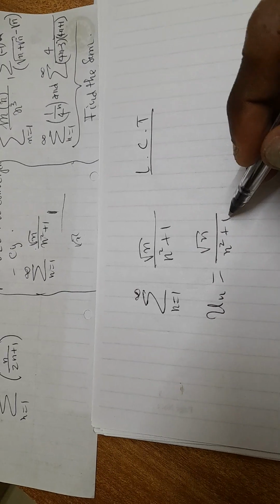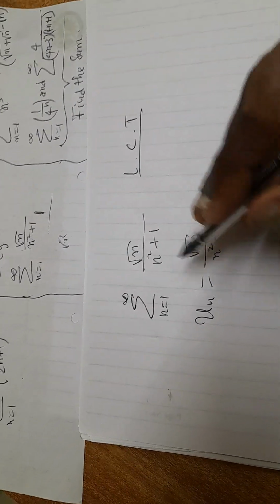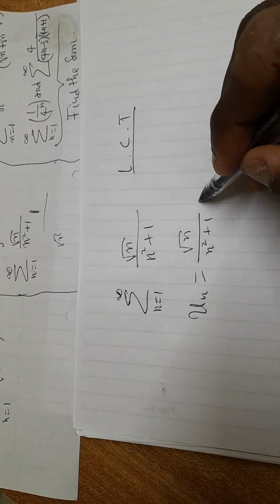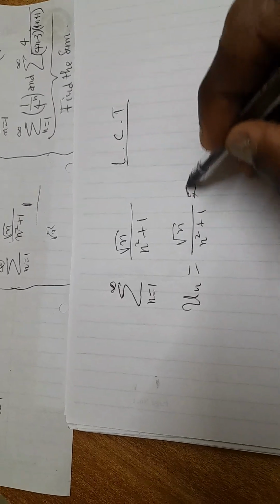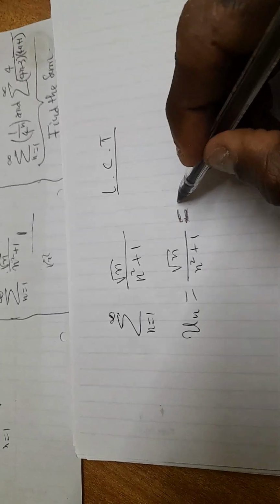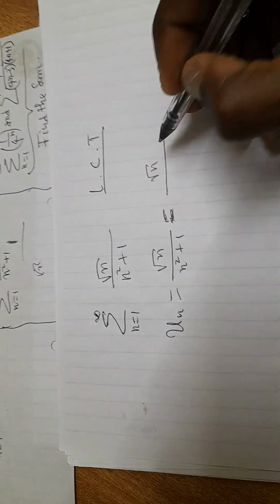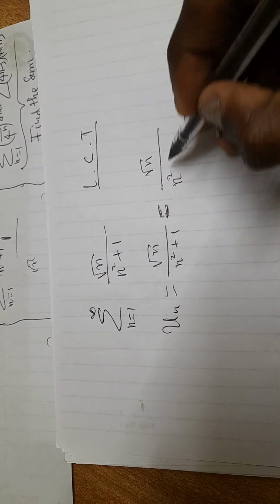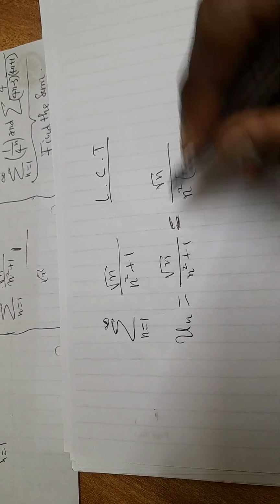Then we just have to play a bit with this to find what bn is. Pick up the greater exponent here, just factorize, take common n square.